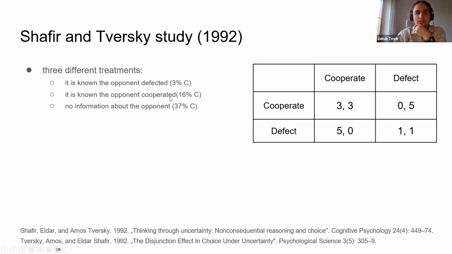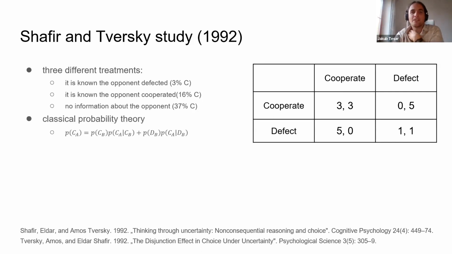So you see that this study actually matches my information from the previous slide that the percentage of people willing to cooperate in the PD is between 20 and 40%. And I don't know whether you see the problem, but there is a clear problem with classical probability theory in this result.